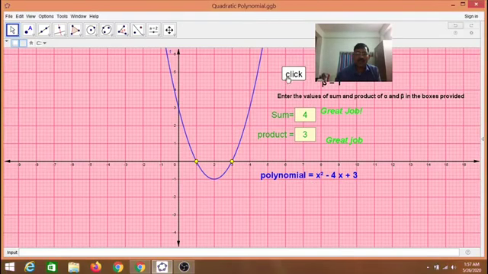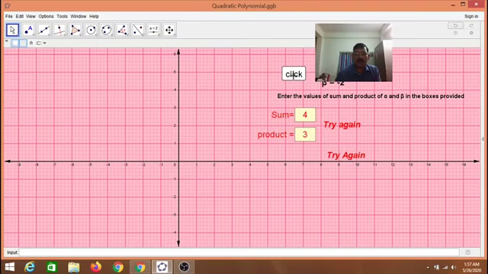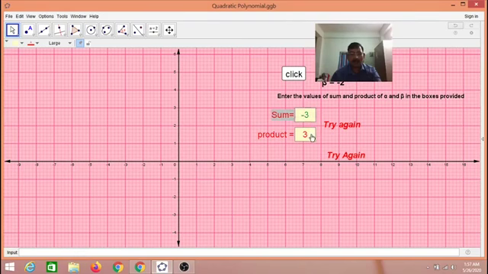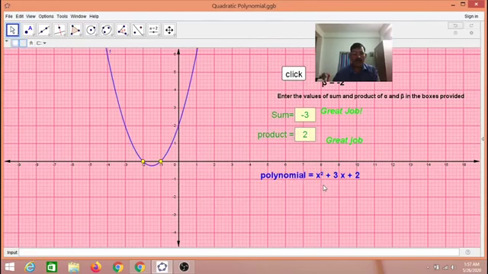Like this, randomly every time you can go for -1 and -2, then the sum will be -3 at the time, and the product is 2. Now you can see a polynomial which is formed like x square plus 3x plus 2. Here you observe the signs of sum and product, how they are written in the polynomial.